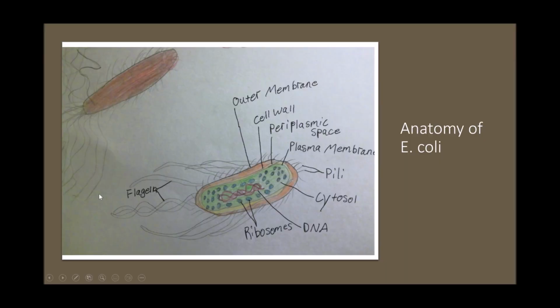Now, the anatomy of E. coli, this is my hand-drawn picture. You have the outer membrane, the cell wall, the periplasmic space, the plasma membrane, the pili, which surround the bacteria, the cytosol, the DNA, the ribosomes, and the flagella.